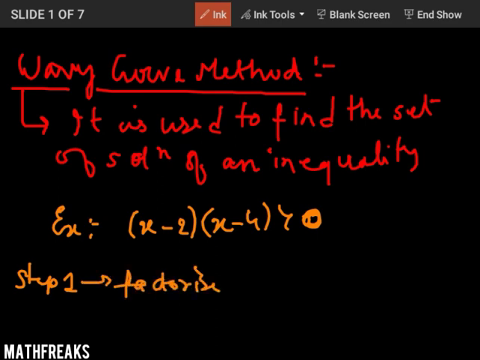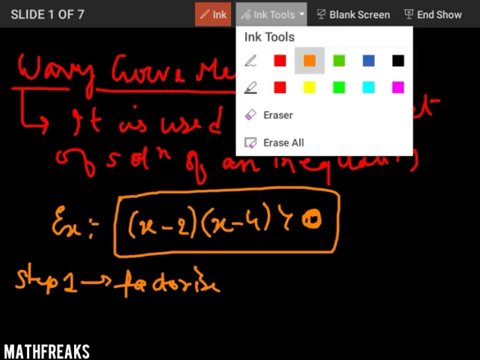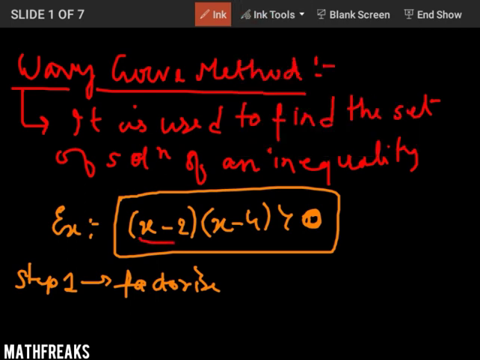Once you are done with the factorization, you will end up in this form. In my case, the two factors are x minus 2 and x minus 4, and this whole expression is greater than 0. So what we have to do is equate each and every factor to 0. What do I mean by this?